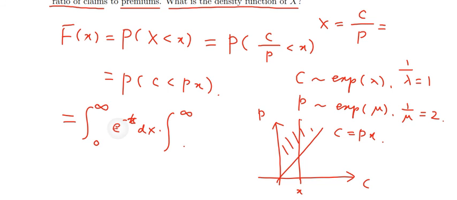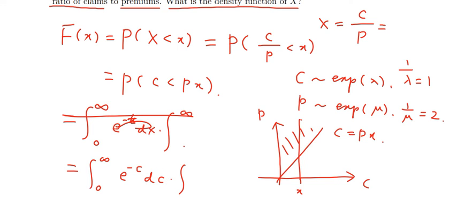This is just confusing. Maybe we should use T or S, or just P or C. So here is C, dC.